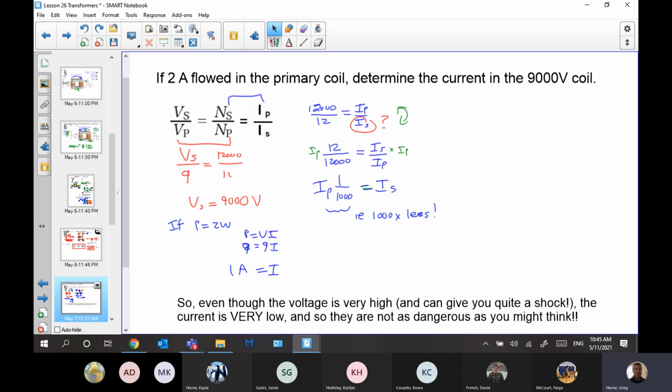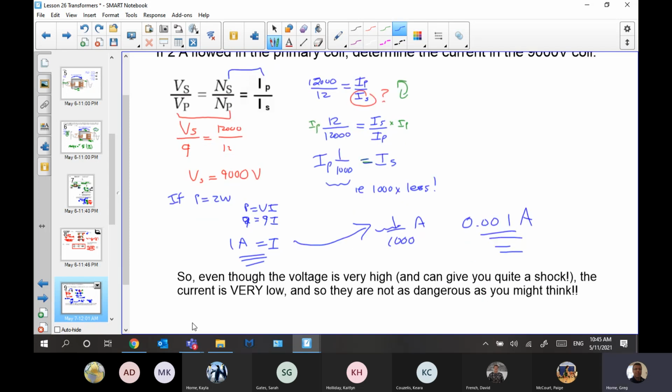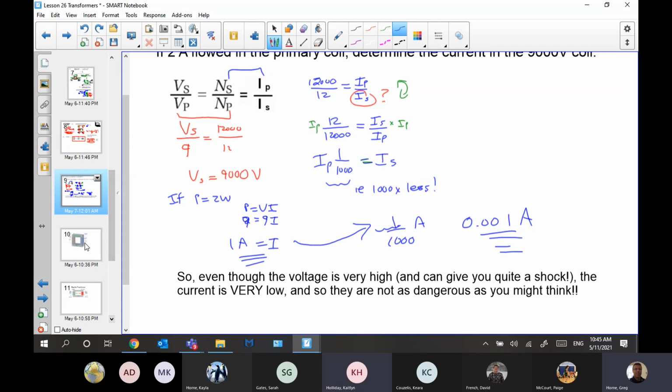You can tell that the amount of current that would be flowing on the secondary coil would be 1 over 1,000 amps, right? So 0.001. So 1 amp on the applied side would lead to only 0.001 amp, that's the maximum that would be available. So you can tell you're not in the danger zone there.